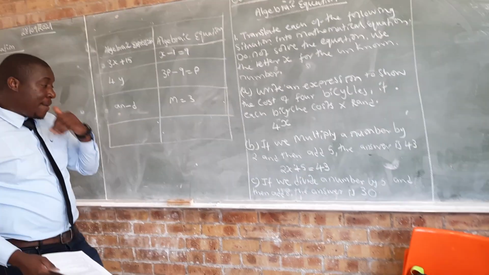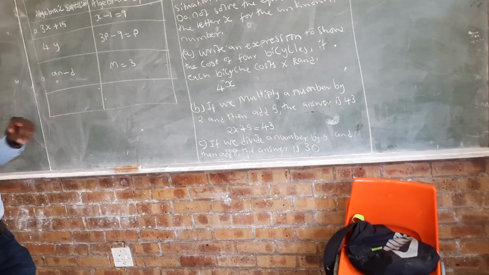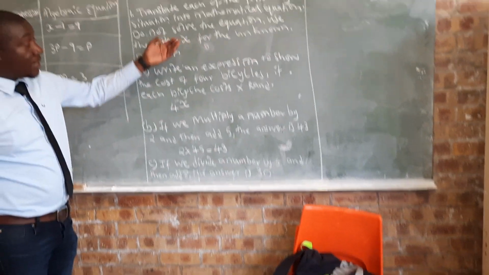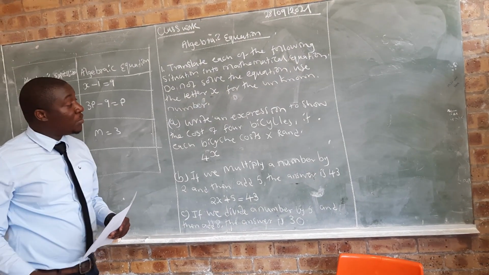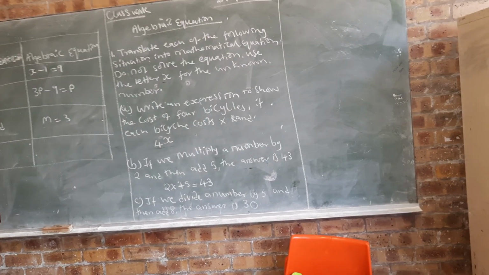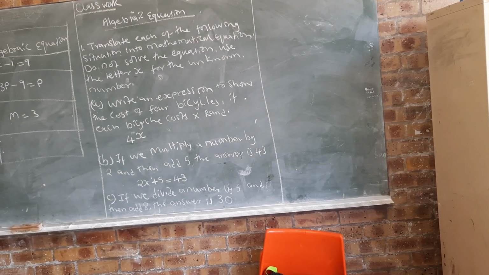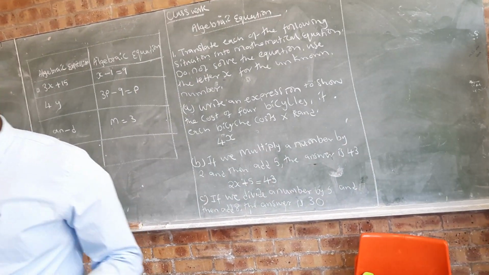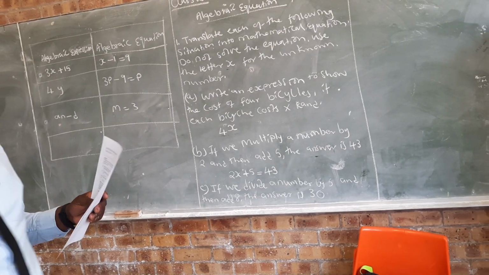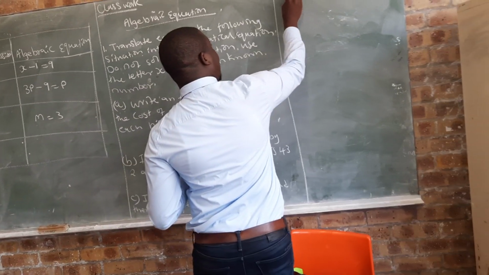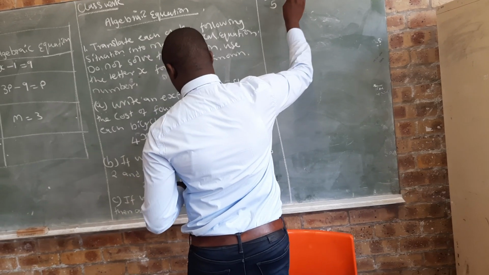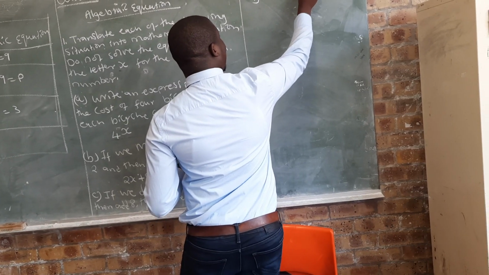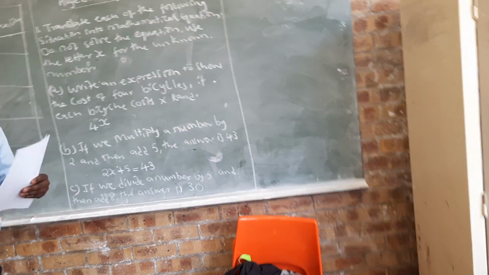If you divide a number by 5 and then add 8, and we said the number is x, what do you think is going to be the correct answer here? x over 5, or x divided by 5, then add 8 equals 8. Yeah, that's very correct.